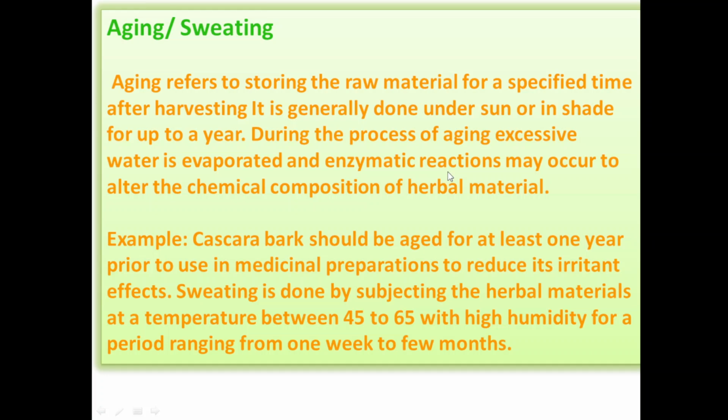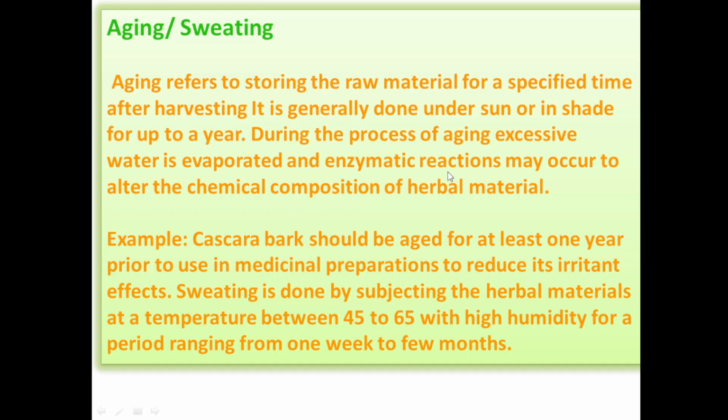Whatever water or moisture is present should be removed during that process, and it will undergo some enzymatic reactions which may alter the chemical composition of the herbal raw material. During that storing process, the enzymatic reactions will occur and alter the chemical composition.